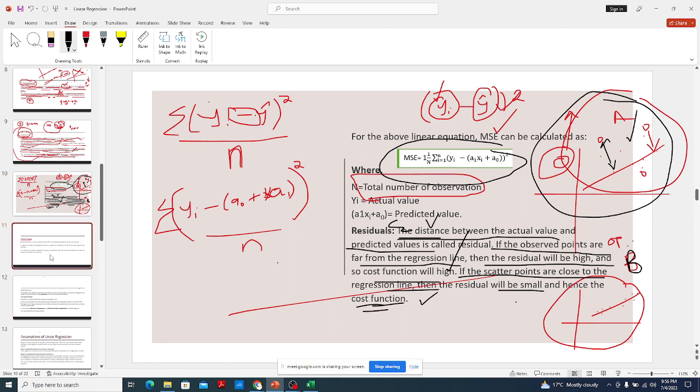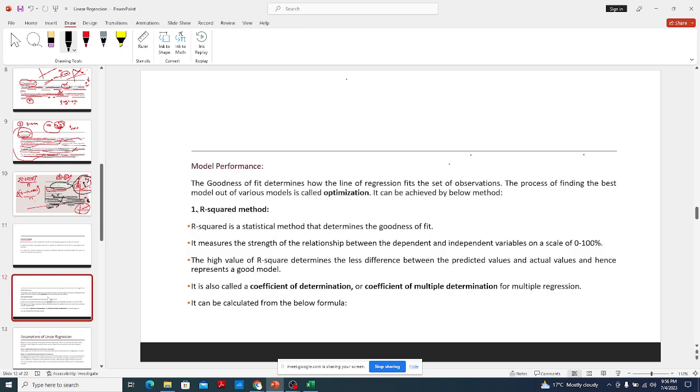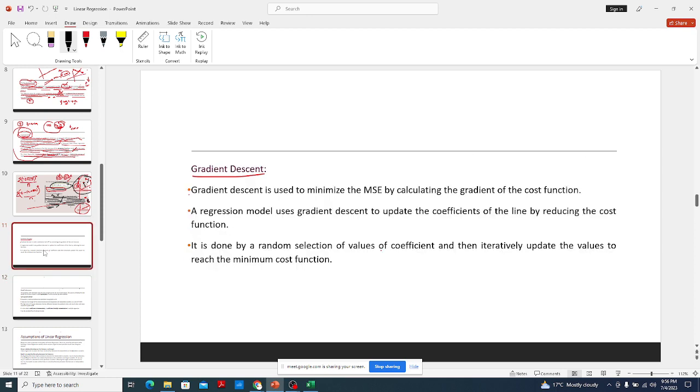Then I want us to finish with the gradient descent. Now, gradient descent basically works on the cost function. Remember we said with the cost function you are working to optimize the coefficients.